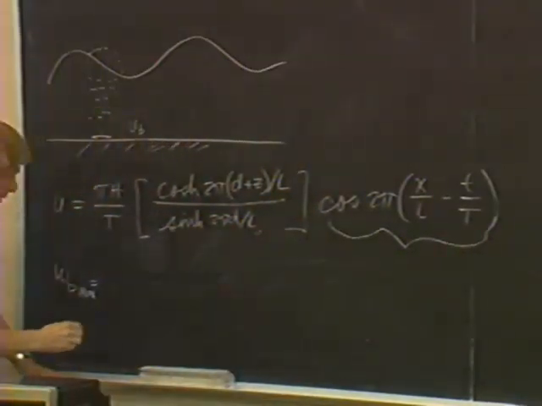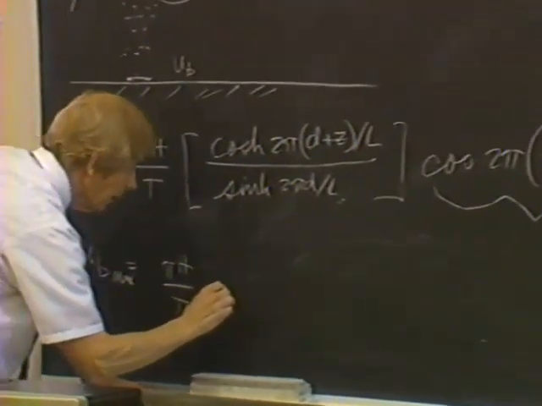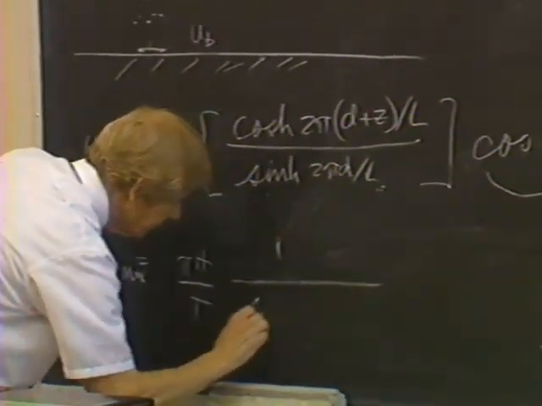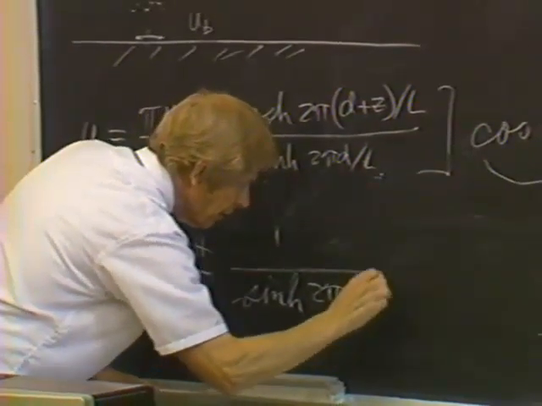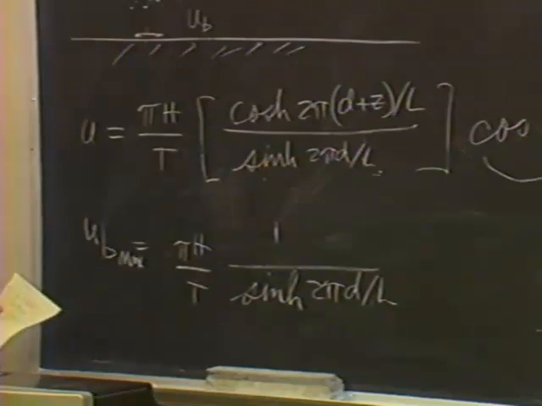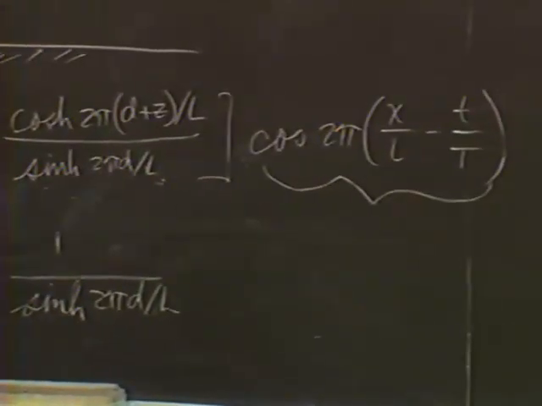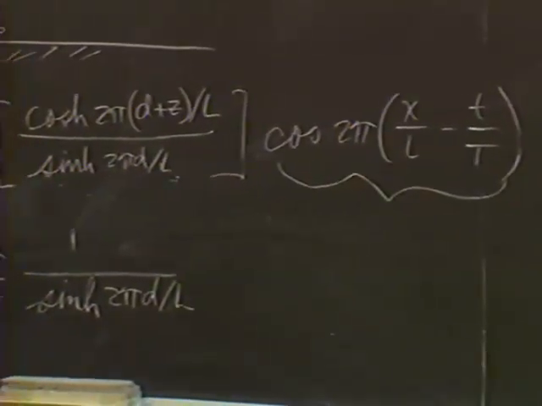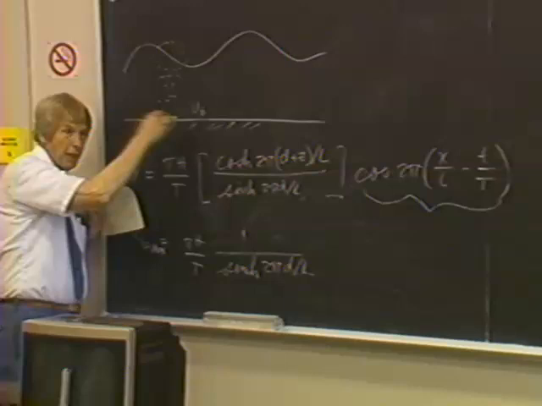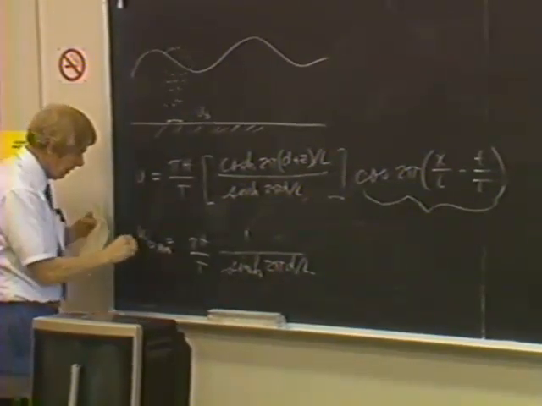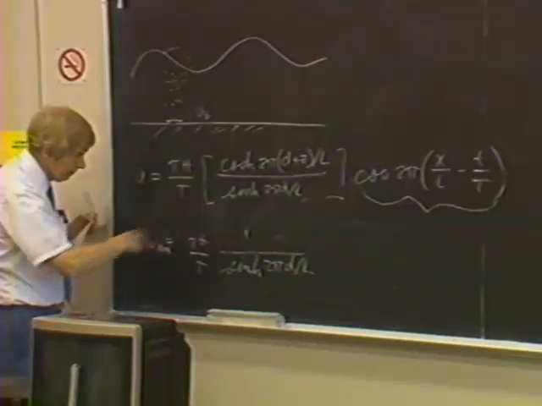So we just have pi H over T times 1 over the hyperbolic sine of 2 pi d over L. So we know the maximum velocity that will occur on the bed, and it goes from 0 to that velocity and then back to 0 and reverses back and forth. So the absolute velocity is equal to this with the other sign.